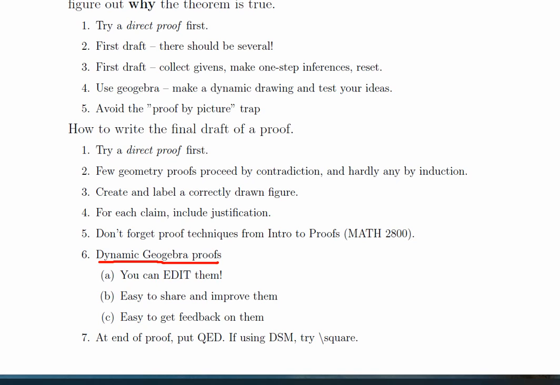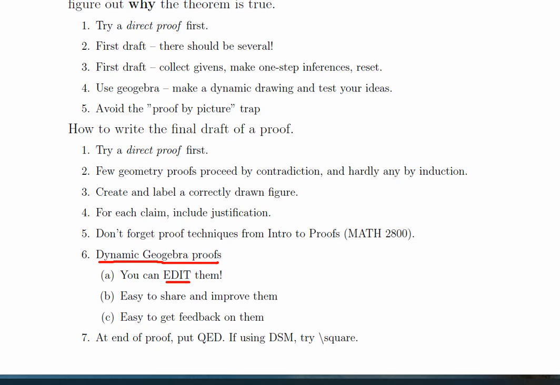Here's the nice thing. If you have your whole proof as a dynamic GeoGebra proof, you can just edit it. And the great thing is, I will grade the final version, okay? You can even edit after the deadline, as long as you edit it before I grade it.